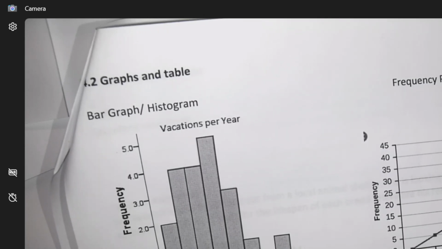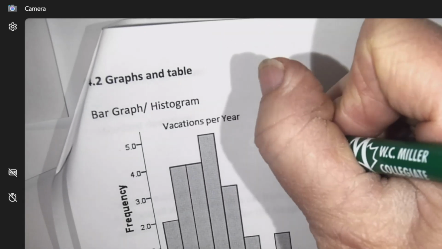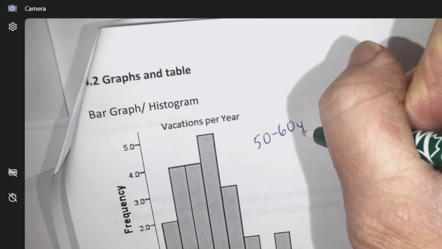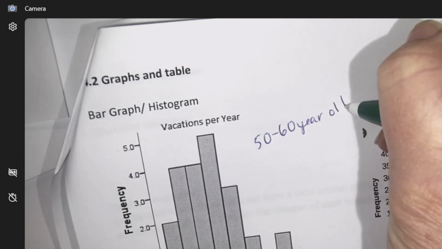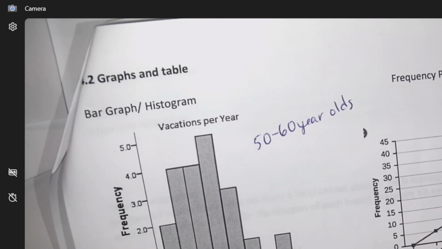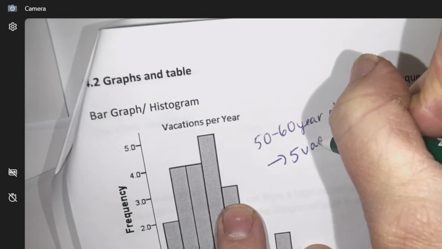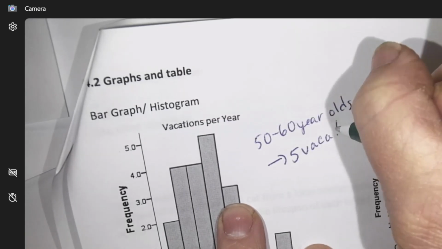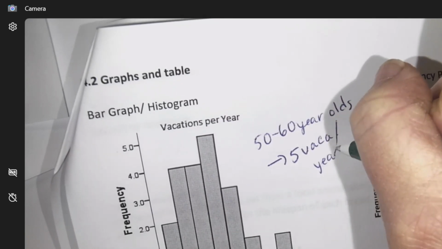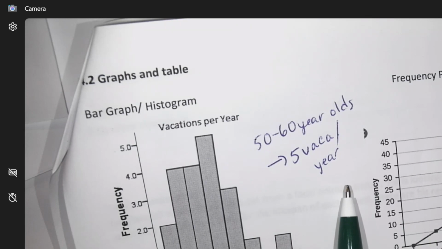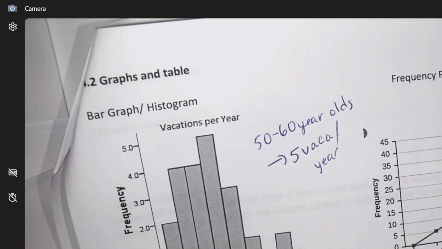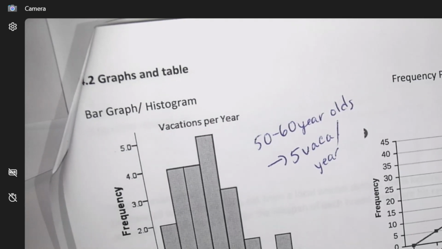People who are between 50 to 60 years old, in that age range, those people will take 5 vacays per year. That's what this graph means. Okay? So between 50 and 60-year-old.